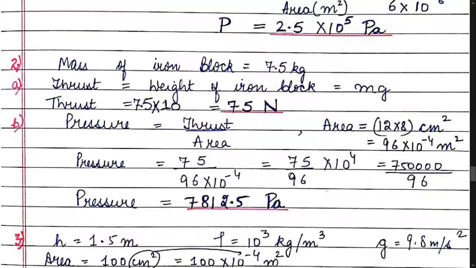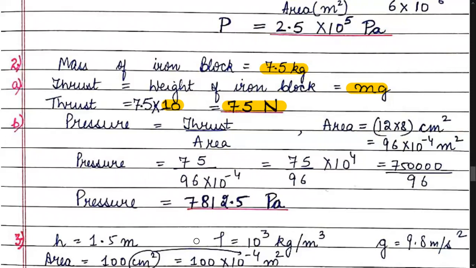Similarly, question number 2, mass of iron block is given. So what will be thrust? The formula of thrust is weight of the block. The formula of weight as done in class 8th is m into g, mass into acceleration due to gravity. Since they are telling in the question that you can take g as 10, so 7.5 multiplied by 10 comes out to be 75 newtons.